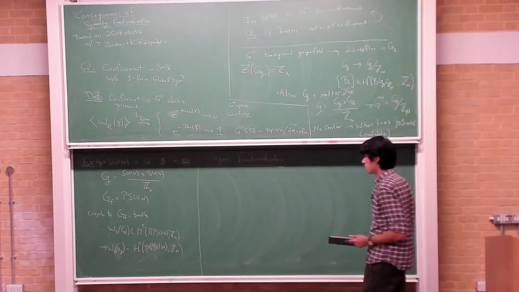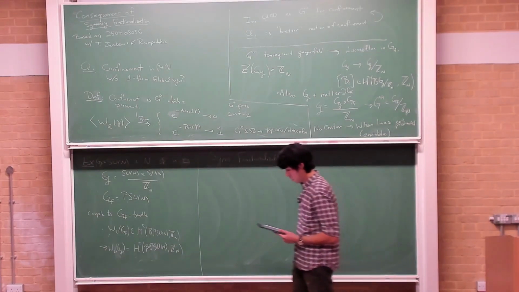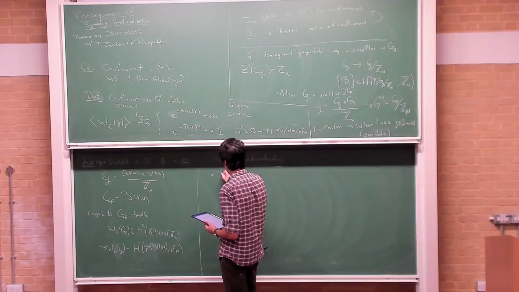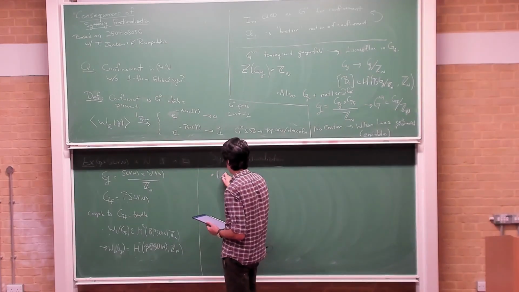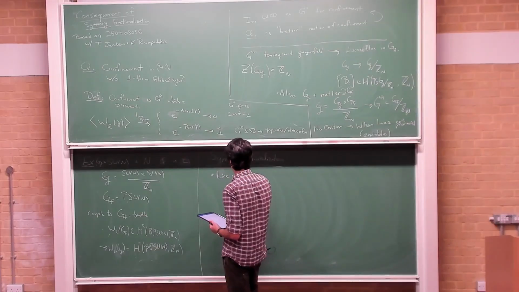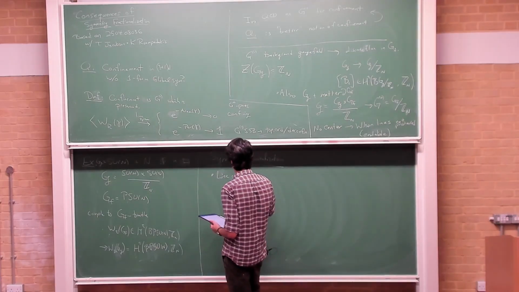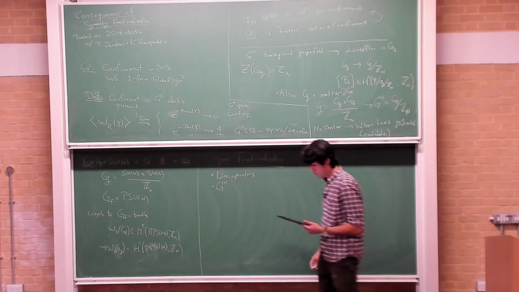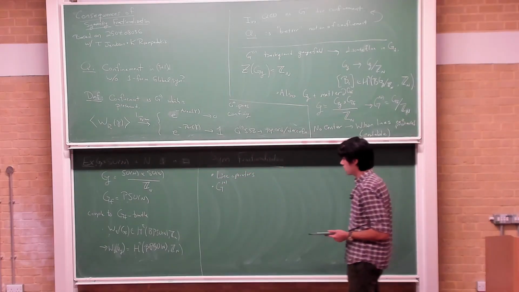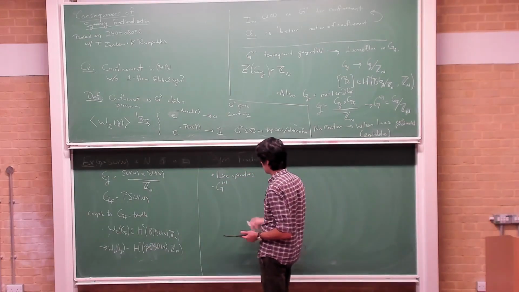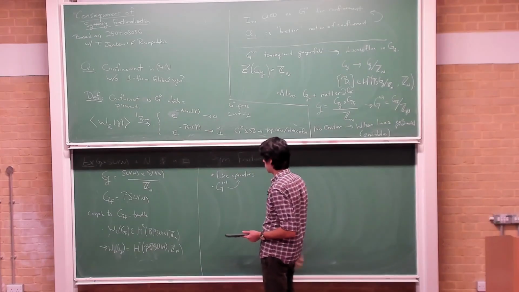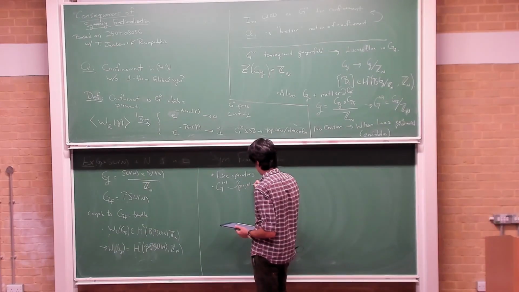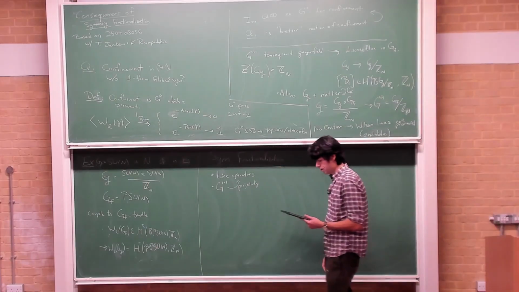So symmetry fractionalization is a phenomenon that happens if you have a theory with line operators and you have some zero-form global symmetry. And the symmetry fractionalization occurs when the zero-form symmetry acts projectively on these line operators.